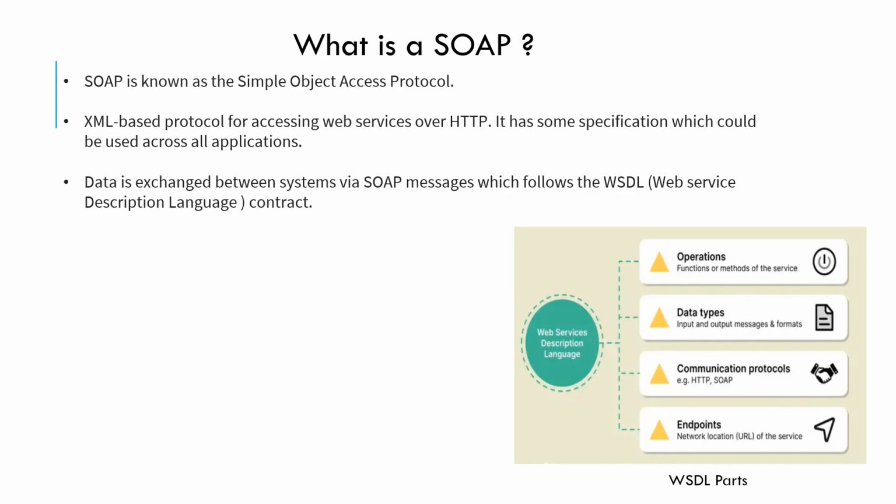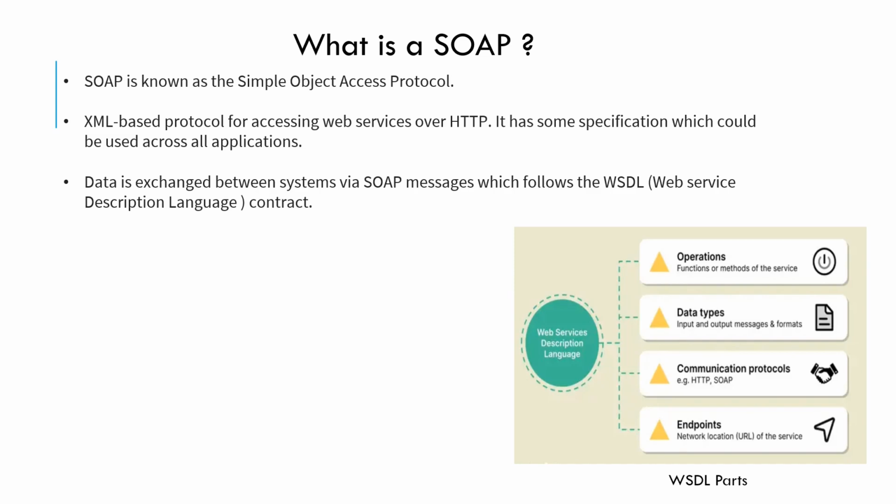So it is basically a contract in which all the operations, data types, protocols, and endpoints are defined, and this is basically a starting point from which a client generates their code, and can then access your application or your web service.